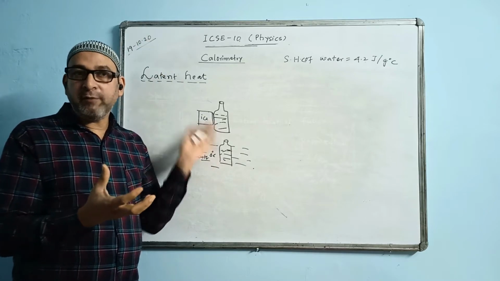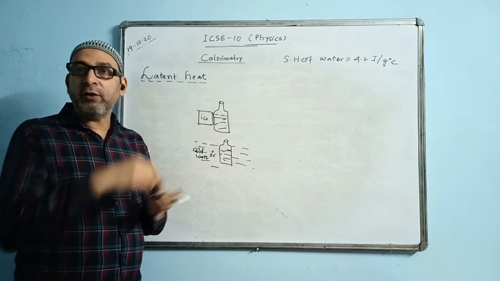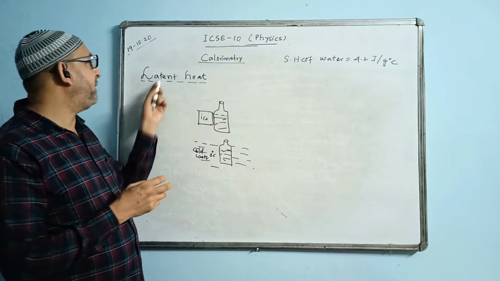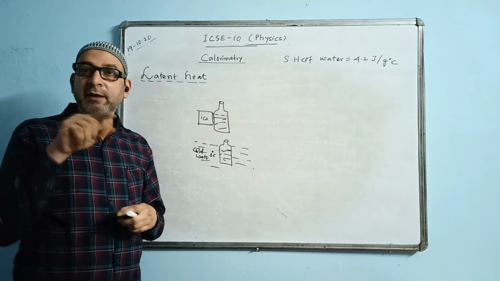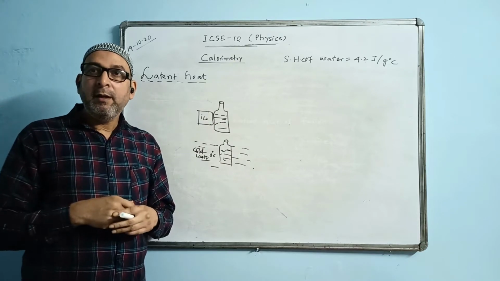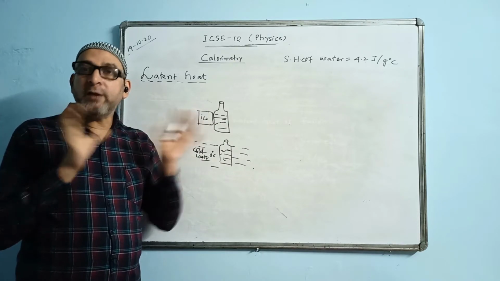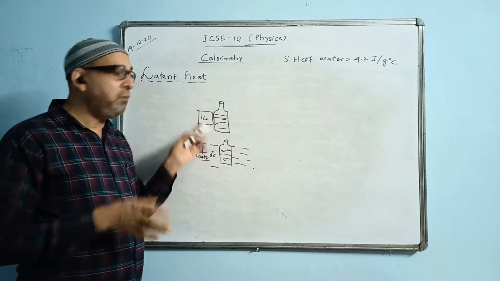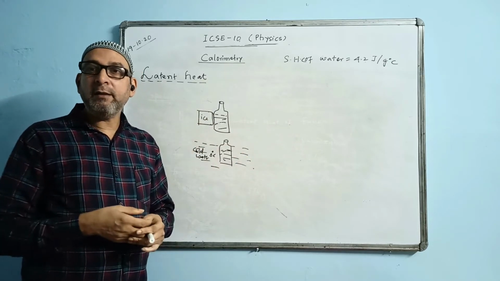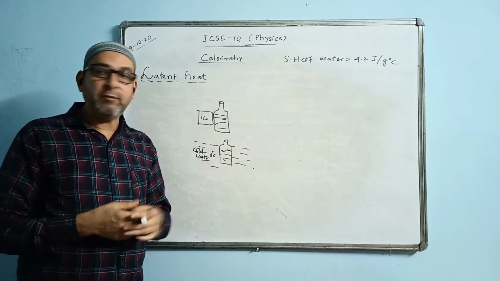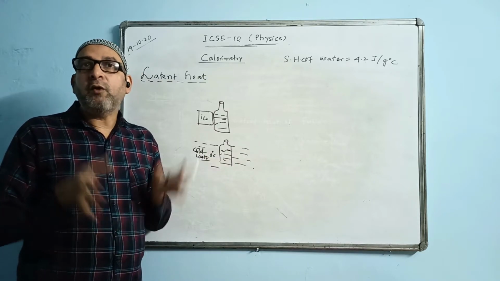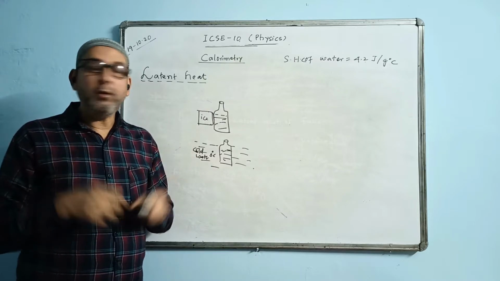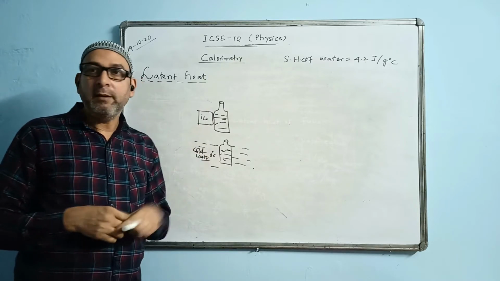The snow, being a piece of ice, will be absorbing heat from the surroundings, and that heat it will be absorbing in the form of latent heat, the value which is very high, 336 joule per gram. That means the surrounding loses an enormous quantity of heat in order to melt the snow, the piece of ice over there. So the surrounding losing a large quantity of heat becomes very cold. So that is the idea.